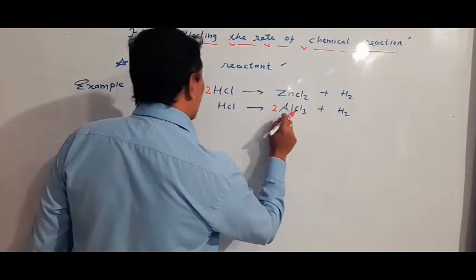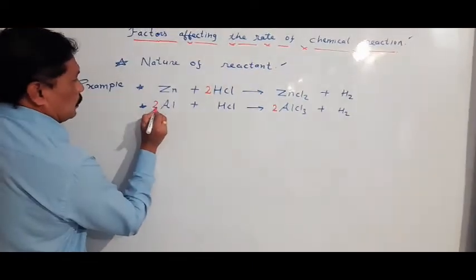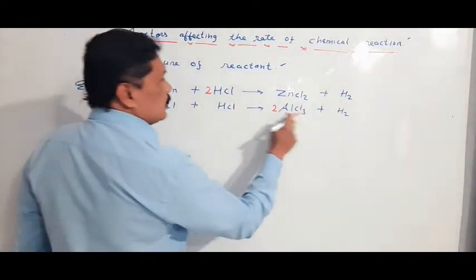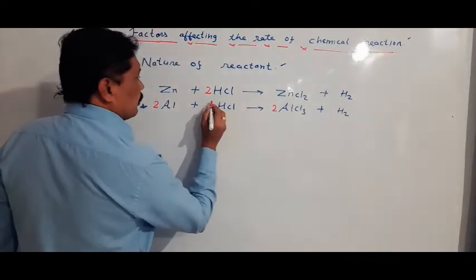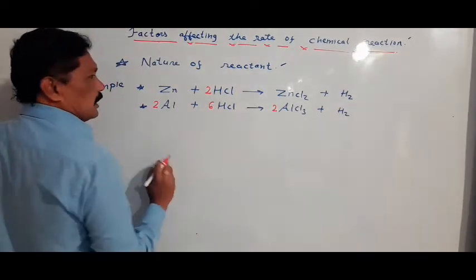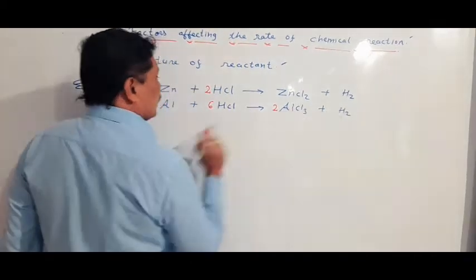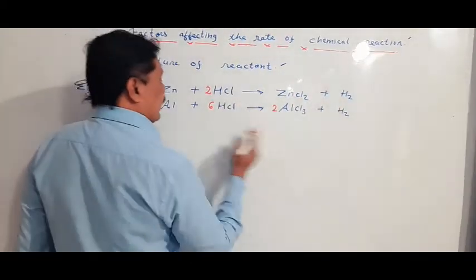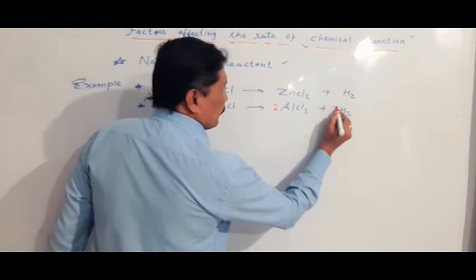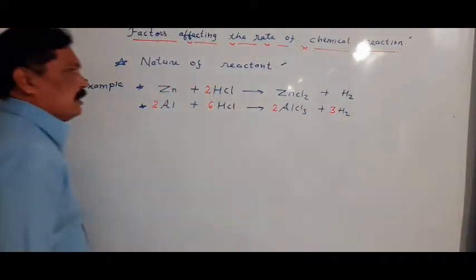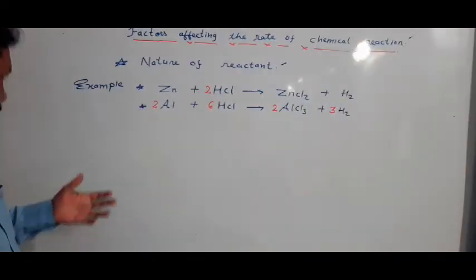Aluminum becomes 2, so we will put here 2 aluminum. 2 3s are 6, chlorine becomes 6, so we will put 6 in front of HCl. Now hydrogen is 2, hydrogen we have to make 6, so we will put here 3. Here the equation is balanced.